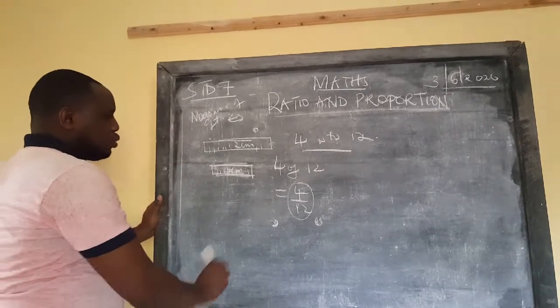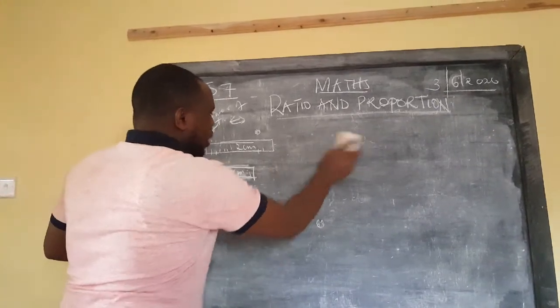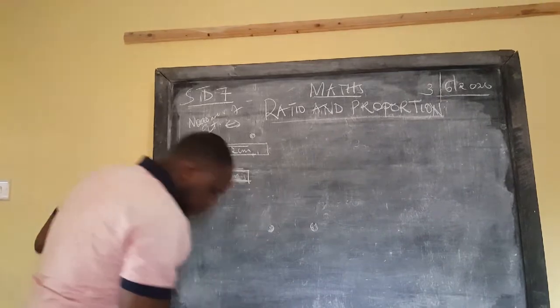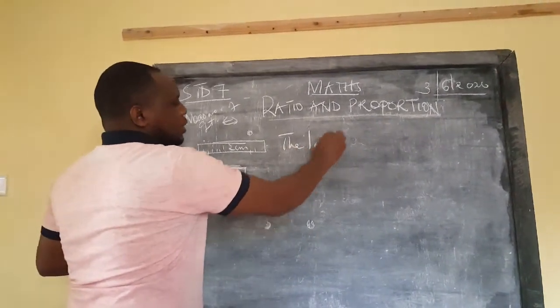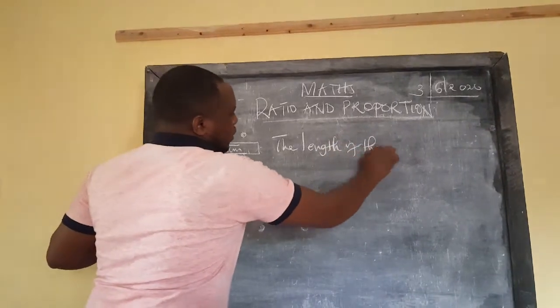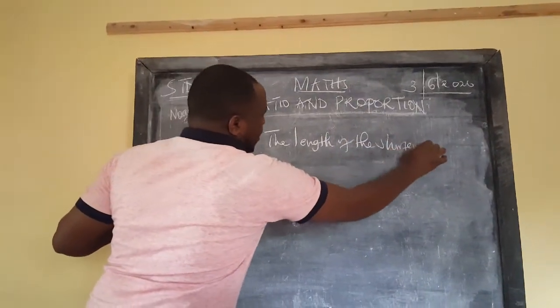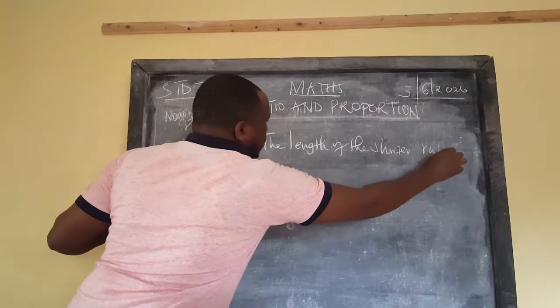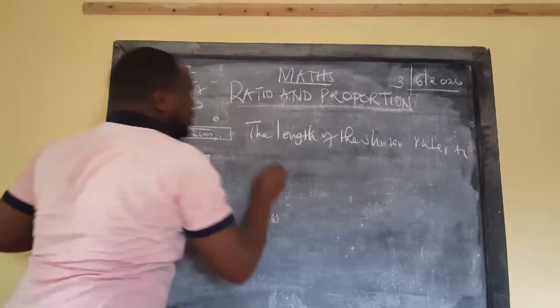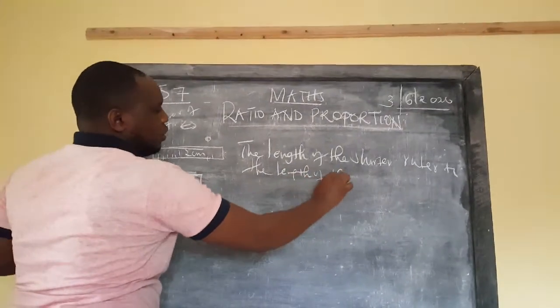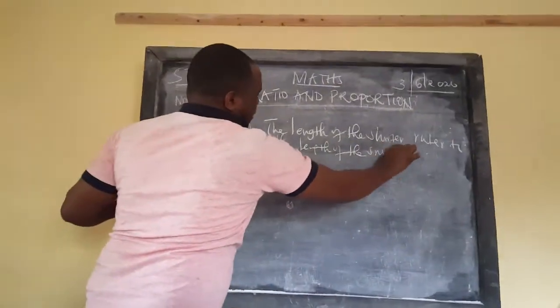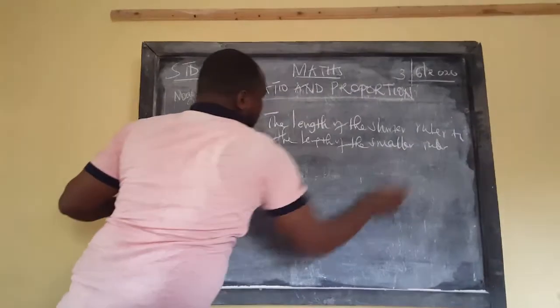So if we understand that, then we can say the length of the shorter ruler to the length of the bigger ruler.